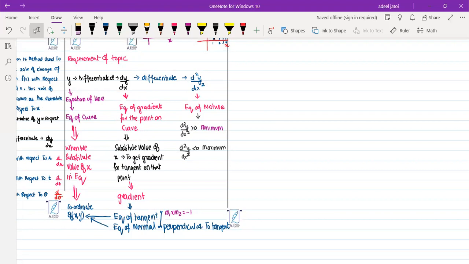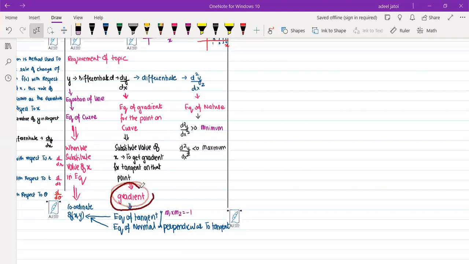You differentiate because you do not have the gradient of the curve. To find the gradient on that particular curve, you differentiate to get dy upon dx. That dy upon dx becomes your equation of gradient. When we substitute x, we get the gradient.